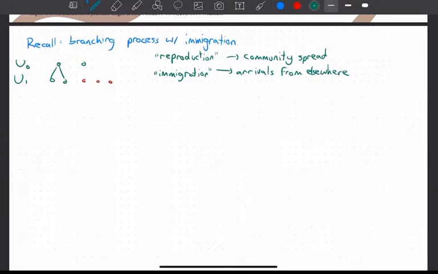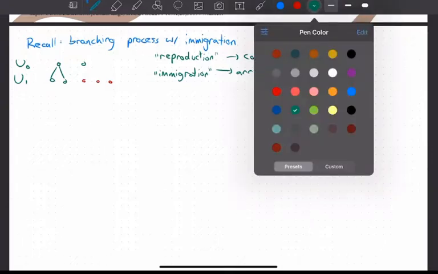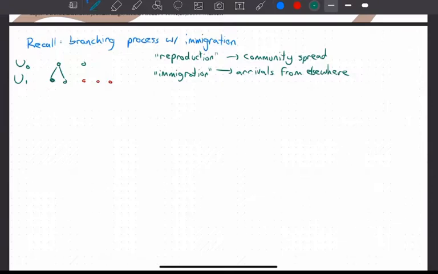So the community spread is the idea that while contagious, each member of the population potentially gives the virus to a random number of other people. I'm going to keep drawing the community spread as this reproduction in green, and the new individuals, the arrivals from elsewhere, in red. There are two parameters to the model.